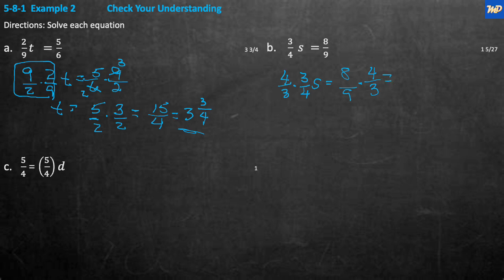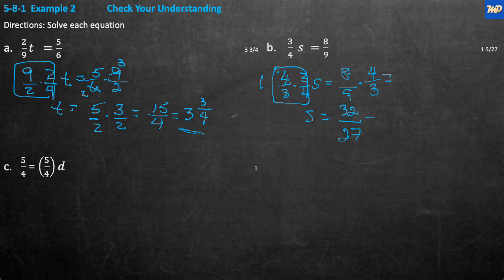And that equals, well, this portion over here, the left-hand side, equals 1. So we have S. And there's no factoring available here for us. There's nothing we can do to reduce anything. So it's just going to be 32. That's 8 times 4 is 32, divided by 9 times 3 is 27.